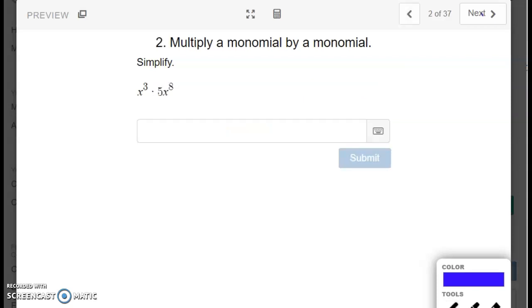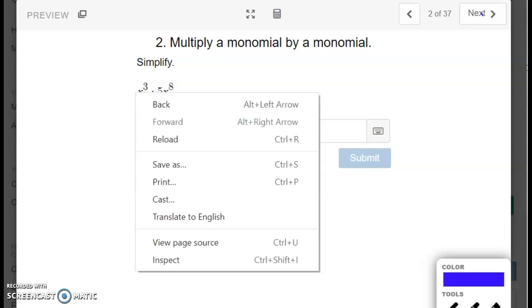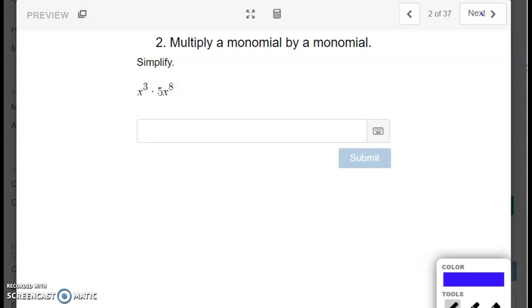Okay, this time x to the power of 3 times 5x to the power of 8. When there is no number there, the default is the number 1. I can even put the number 1 there. So it's going to be 1 times 5, which is 5, times x to the power of 3 times x to the power of 8.